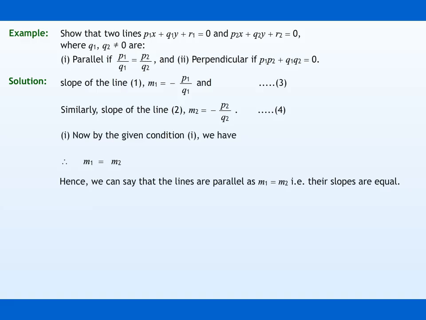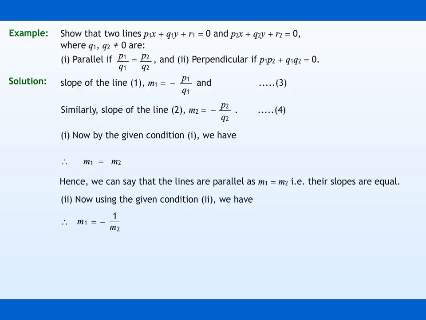Let us solve the second part of the question. Now, using the given condition 2, we have P1 P2 plus Q1 Q2 is equal to 0. Therefore, P1 P2 is equal to minus Q1 Q2, that is, P1 upon Q1 is equal to minus 1 upon P2 upon Q2.